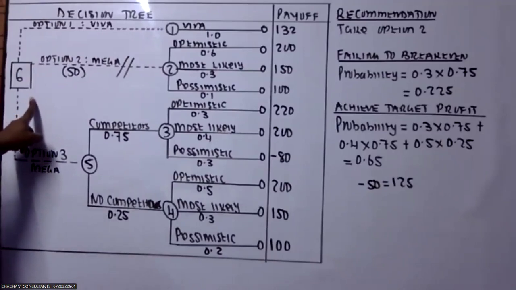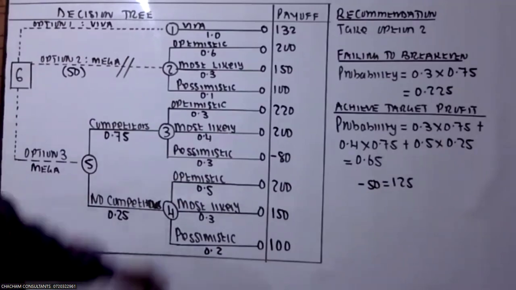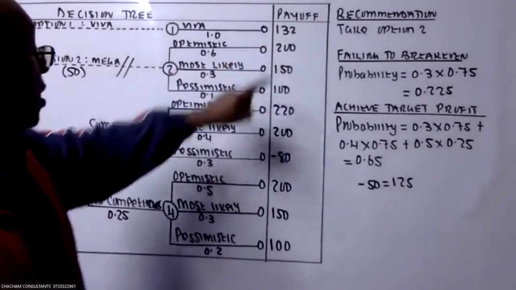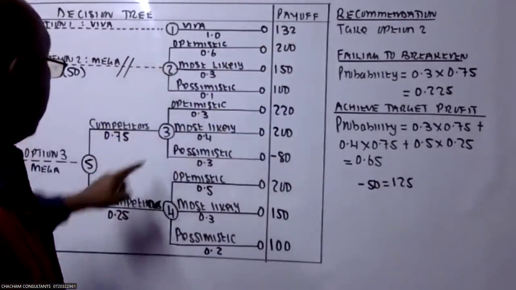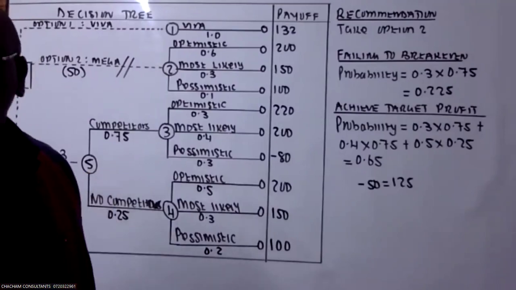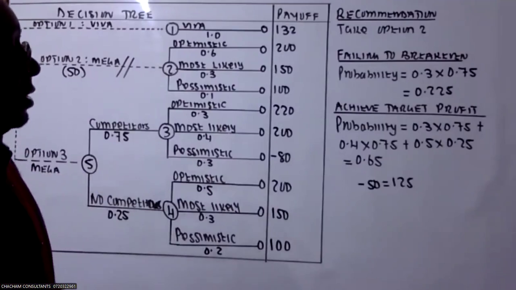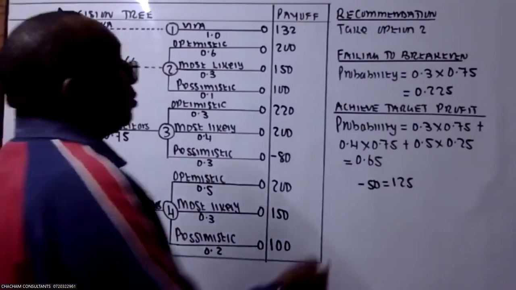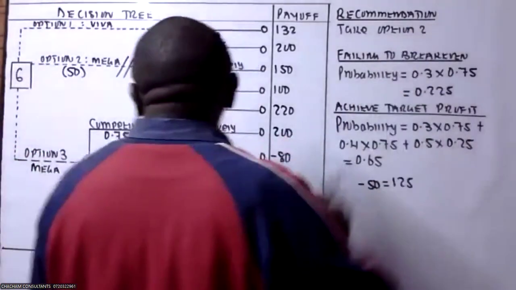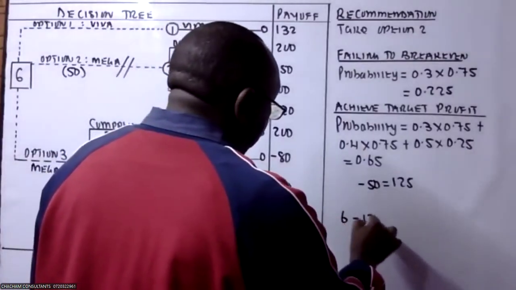Number 6 tulisema tutachagua the highest. So the highest tulikuwa tuna compare number 1, number 2 na number 5. So nakumbuka number 5 ilikuwa na 132.5. So kwa number 6 utaandika 132.5.